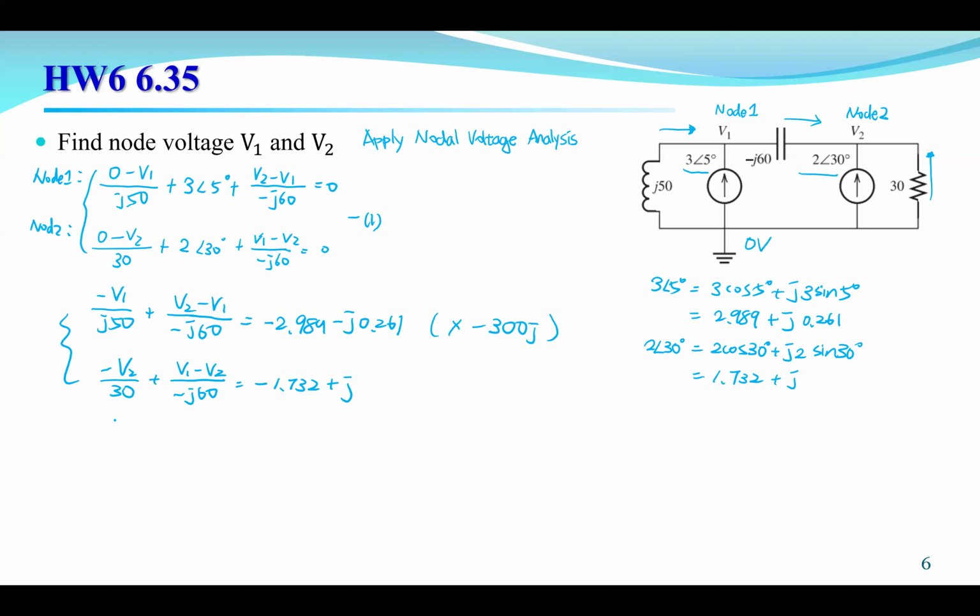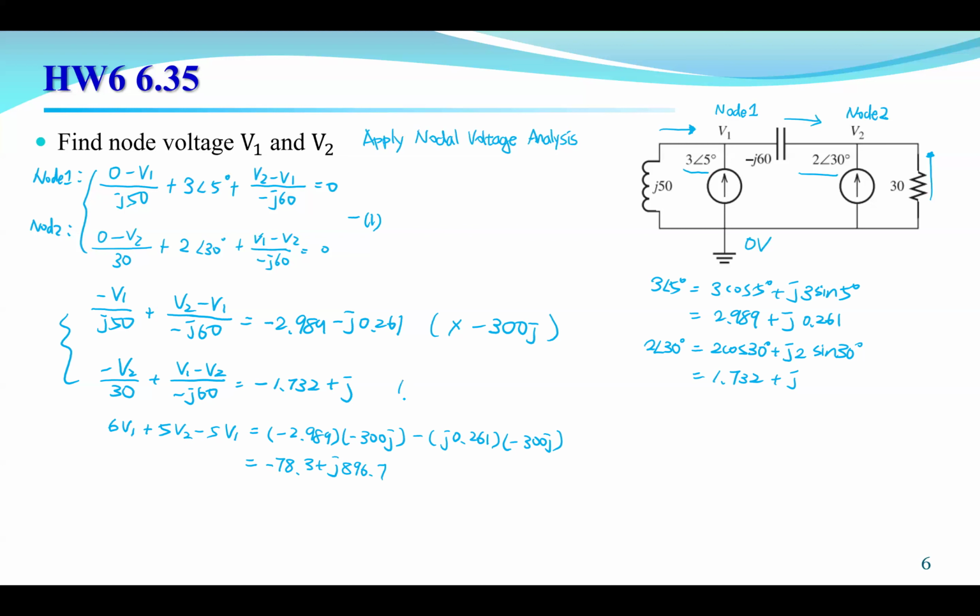So it becomes 6V1 plus 5V2 minus 5V1 equals minus 2.989 times minus 300j, minus j0.261 times minus 300j, which equals minus 78.3 plus j896.7. This is the first equation.